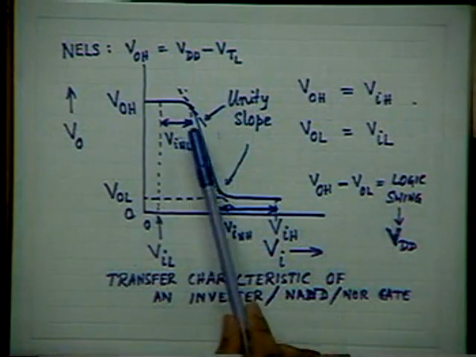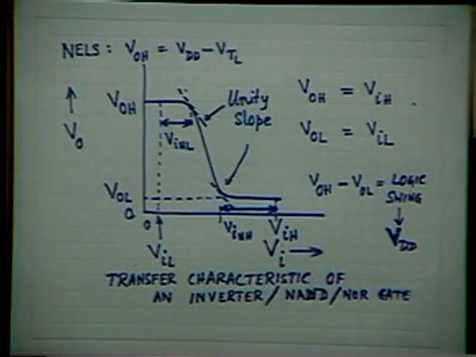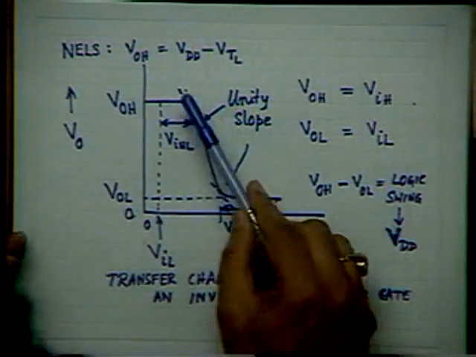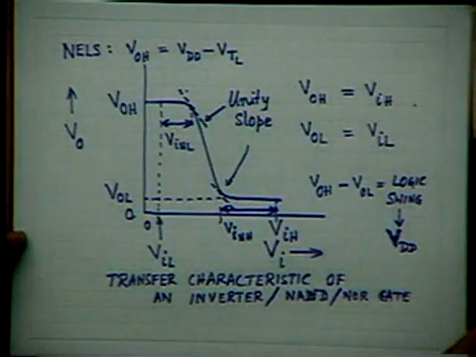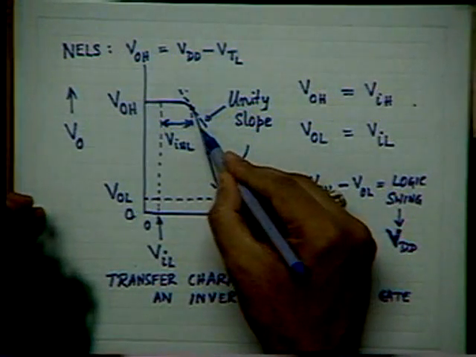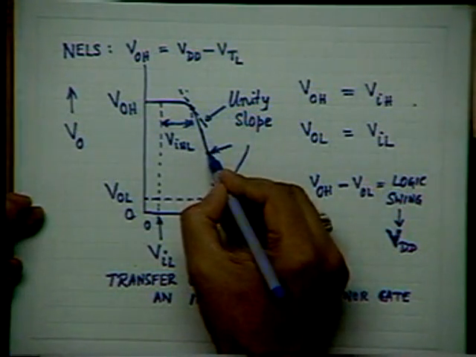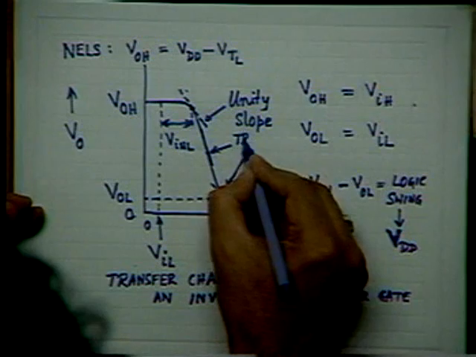And then if we want as high as possible values of the two noise margins, then what is needed? Actually, my characteristics should be like this. And then you know that at the midpoint, the slope is called transition gain.